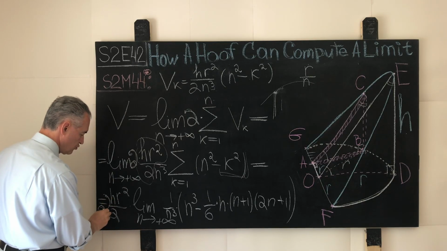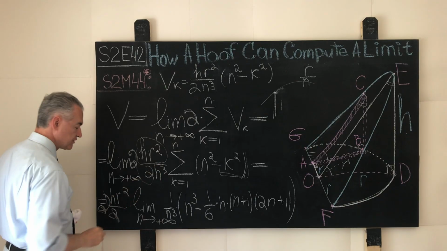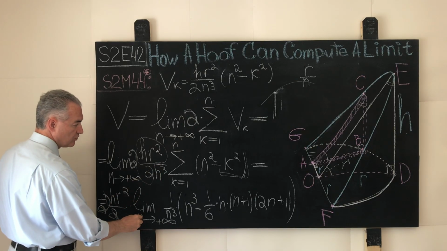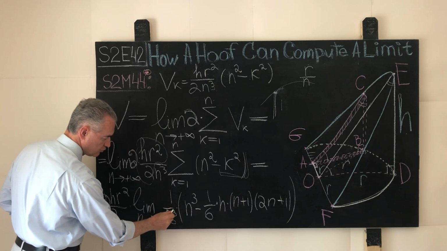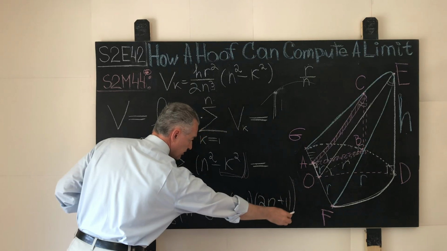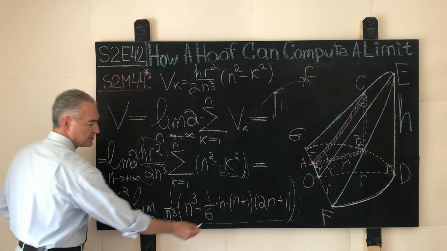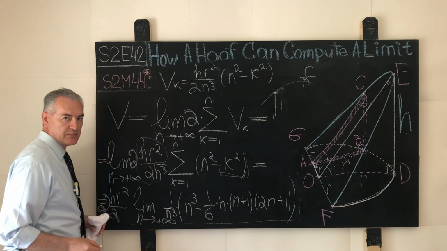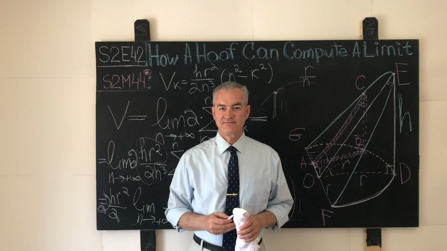Again, 2 times h r squared over 2. These two guys will cancel out in a few seconds. And here we have the limit of what? 1 over n cubed times n cubed minus this seemingly horrible expression. But again, it turns out that this is actually a baby limit, and we will compute it together in the next segment.